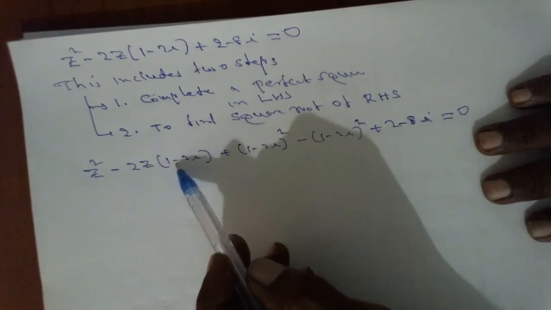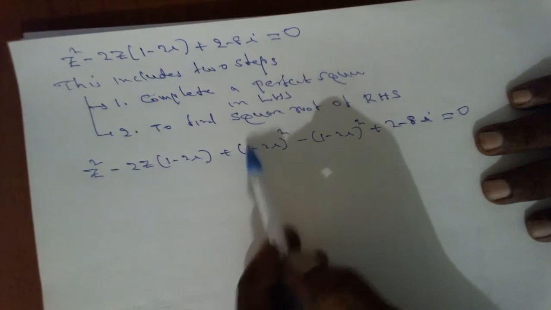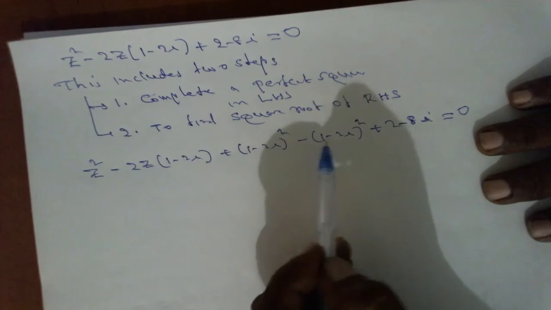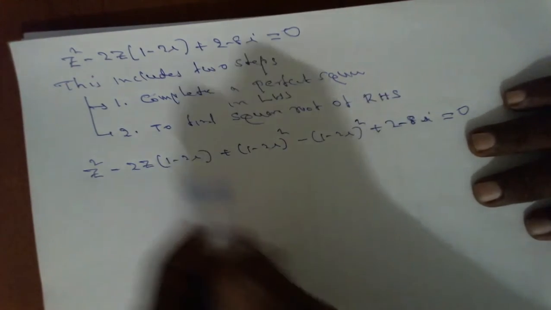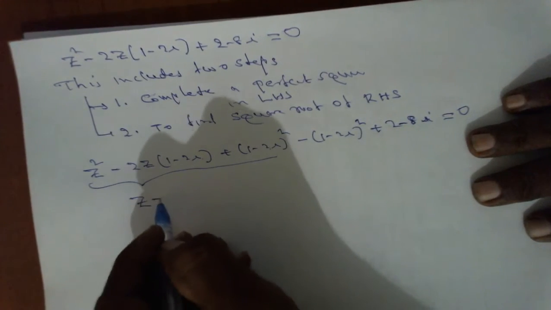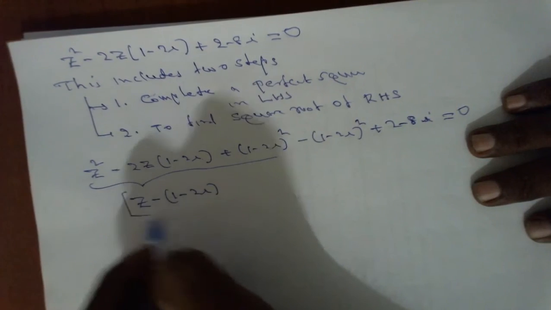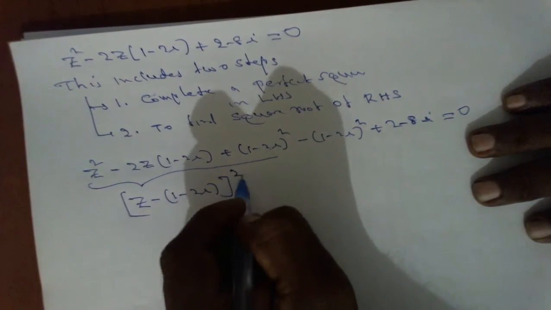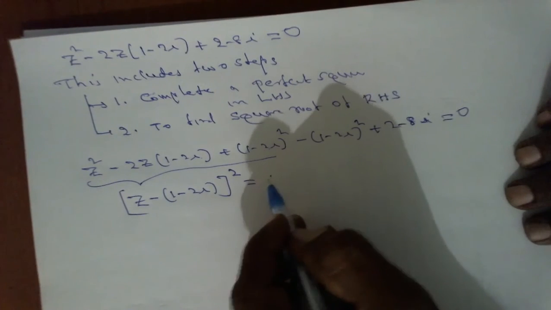Half the coefficient of z is 1 minus 2i here. So its square you add and subtract, or add to both sides, both same. For this part you can write (z minus 1 minus 2i) whole thing squared.